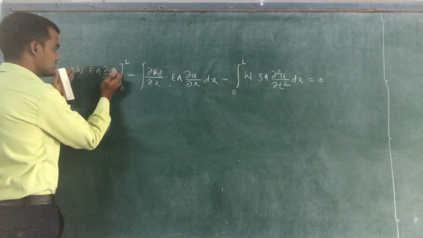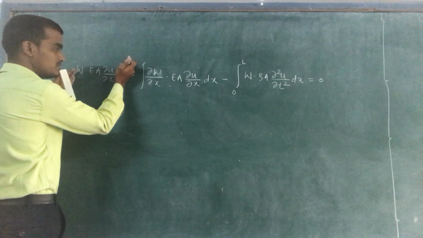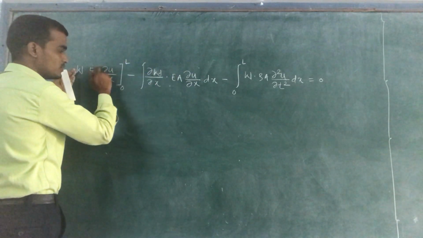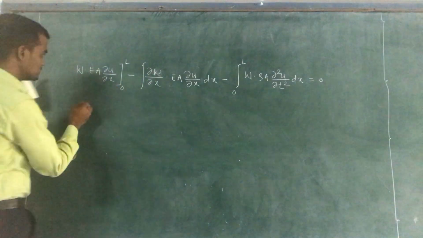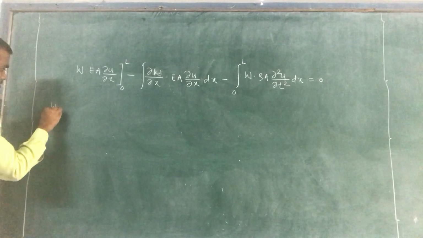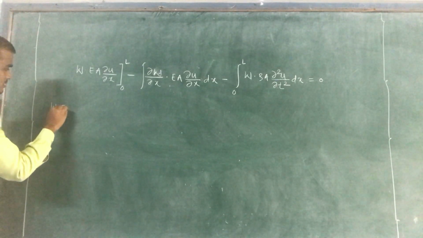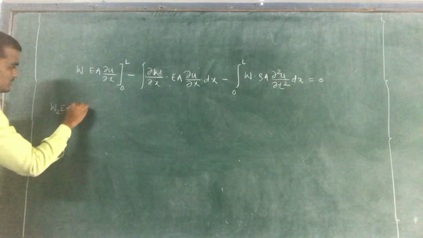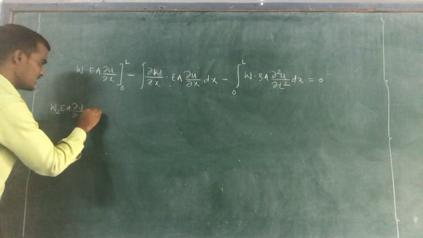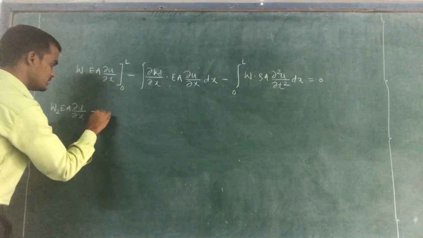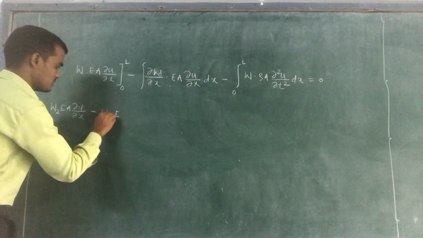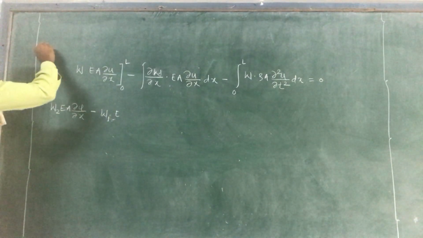So this term at L, means at the second node, w2 will be applied, because we know that this is a rod.